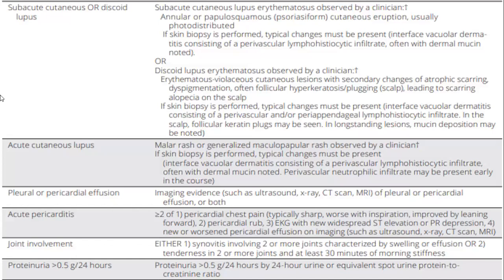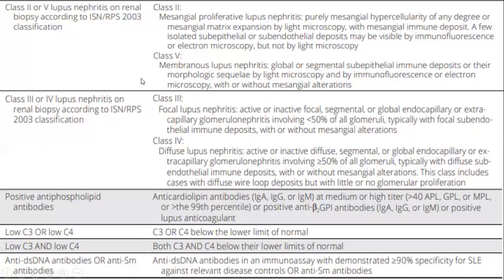Now, you may get to see subacute cutaneous or discoid lupus with characteristic psoriasiform lesions, and acute cutaneous lupus, usually presenting with a malar rash or generalized maculopapular rash, and a pleural or pericardial effusion, pericarditis, joint involvement, and proteinuria due to kidney damage.